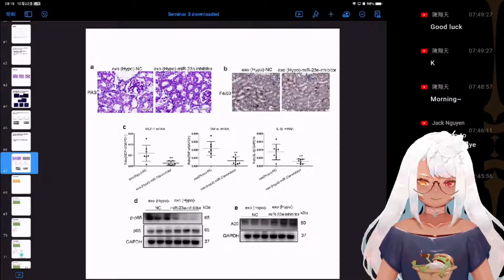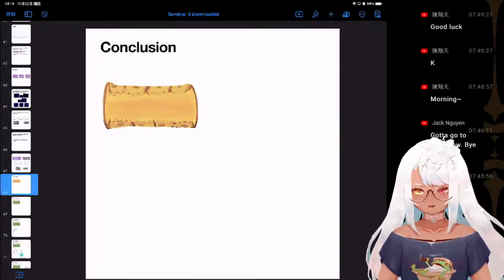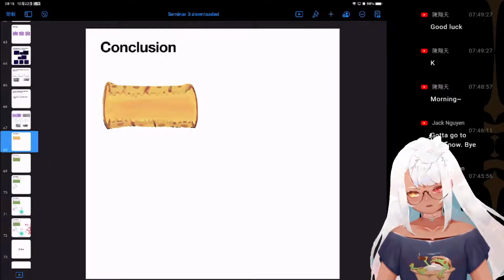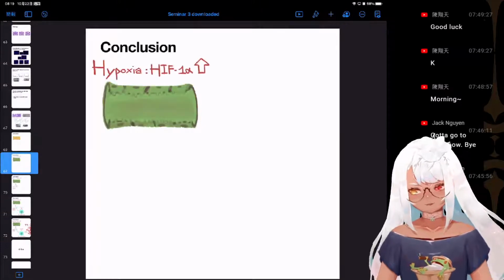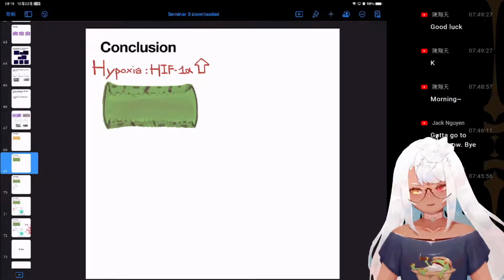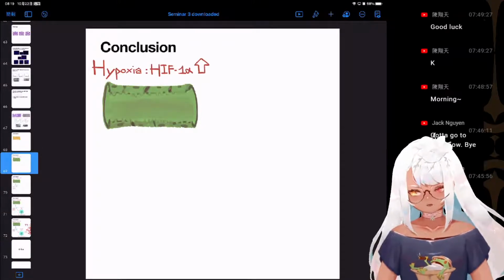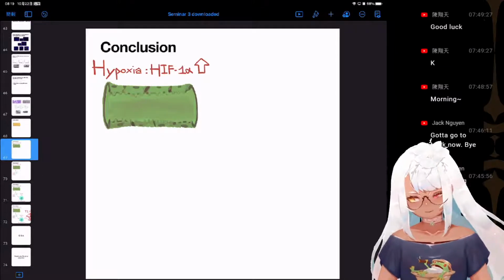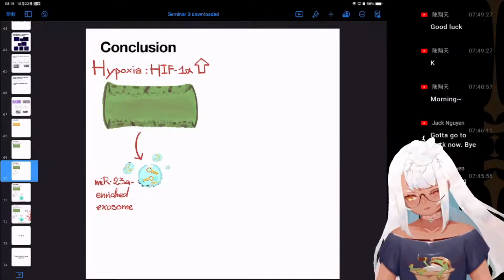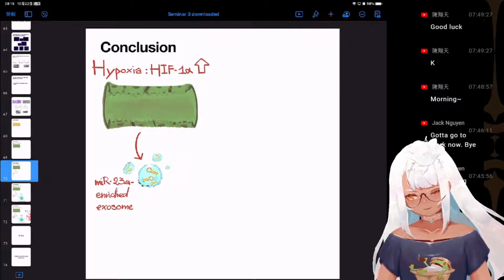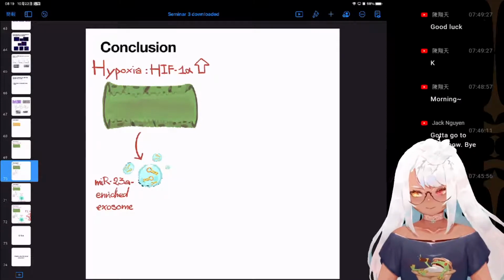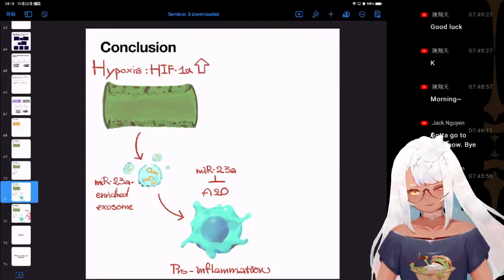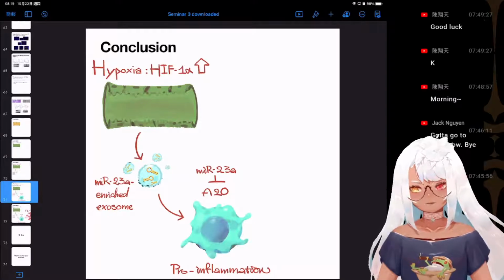So, to the conclusion of our study here, in hypoxia, HIF1 alpha will increase in the TEC, and this TEC will respond by secreting mitochondria enriched exosome. These exosomes are received by macrophage.